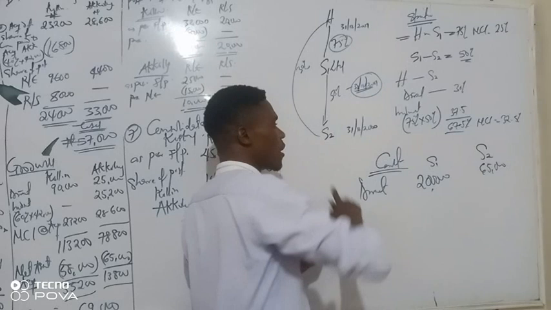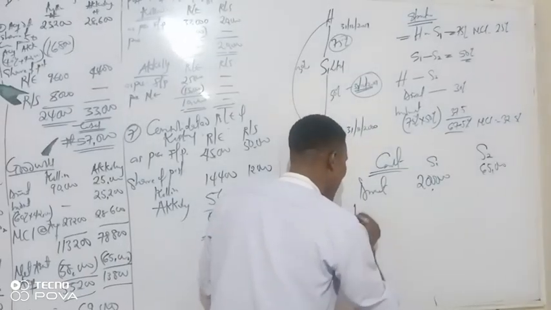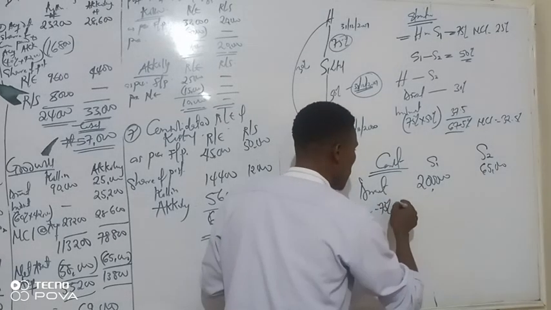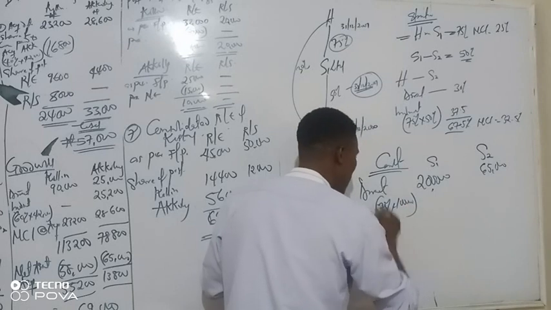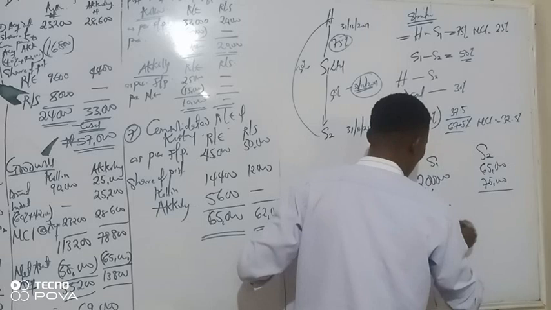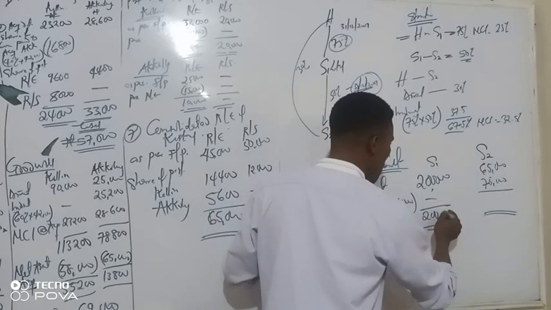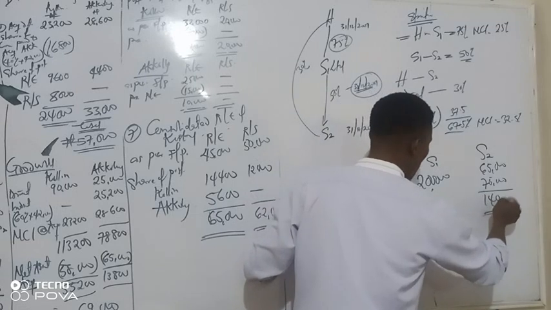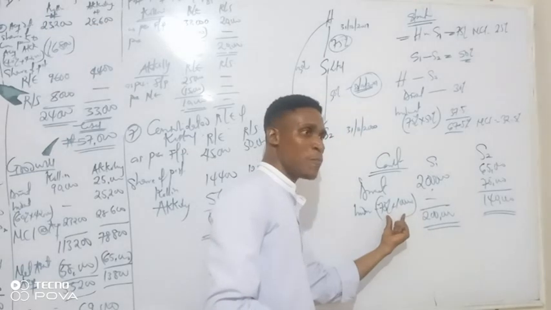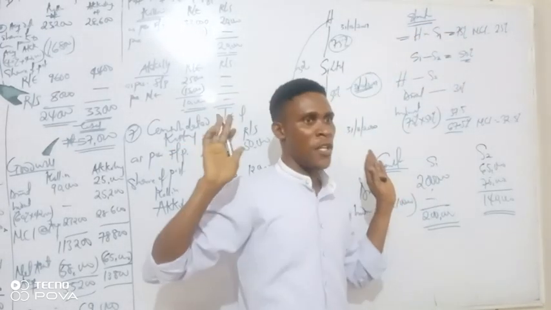Then how much does S1 pay to acquire S2? That's our indirect, 75% times 100,000, which is 75,000. So our position that we need now, this one will be 200,000, this one will be 140,000. So this is what we use to calculate our goodwill. And don't forget the balance, 25% and 32.5% for NCI.